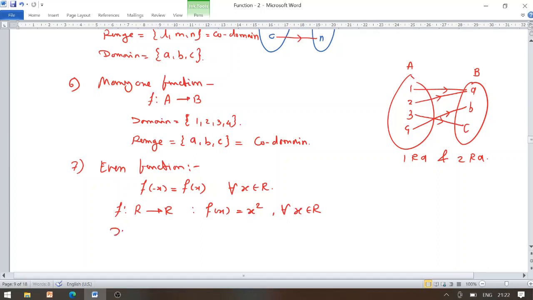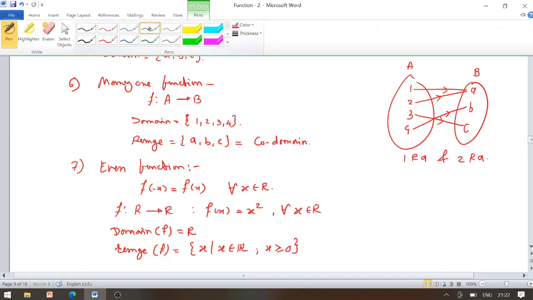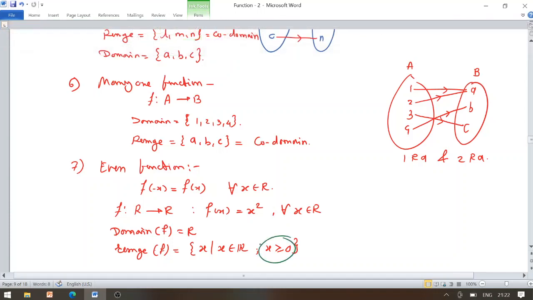So the domain of the given f becomes the set of all real numbers, while the range of the given function becomes, look at the range, the set of all x's such that, or you might say the set of all y's, keep in mind, the set of all x's such that x belongs to the set of real numbers and x should be greater than or equal to 0. Why do we have this condition, x greater than or equal to 0?